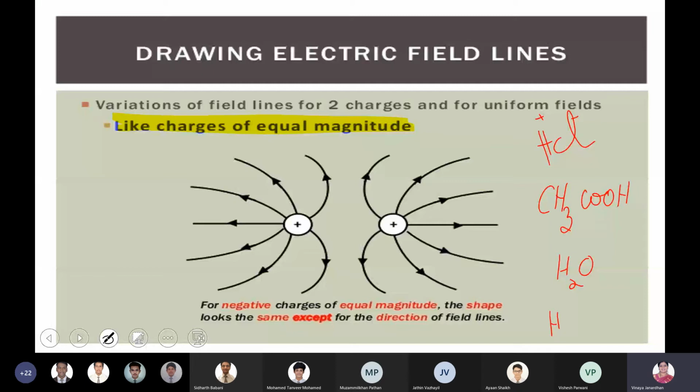What type of bond will the water molecule have? Ma'am, hydrogen bond. No, I just want in terms of whether it is ionic or covalent. H plus and OH minus, ionic, ma'am.